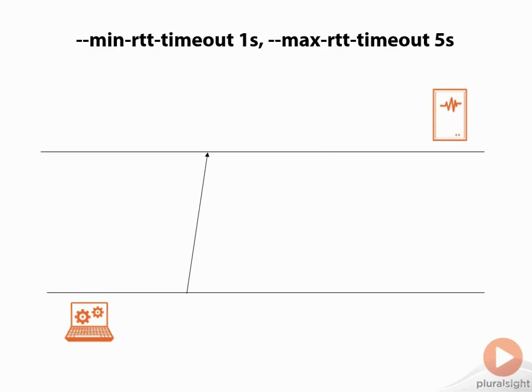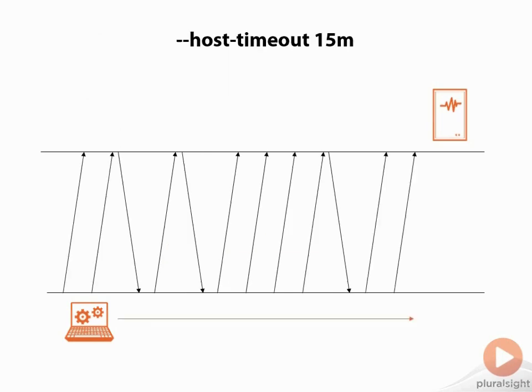In addition to the initial timeout value, we can also set a minimum and maximum value for the timeout. Internally, Nmap maintains a running timeout value for determining how long it will wait. These two options set a minimum and a maximum value for that internal timeout. The --host-timeout option allows you to define the maximum amount of time you are willing to wait for Nmap to completely scan any one host.